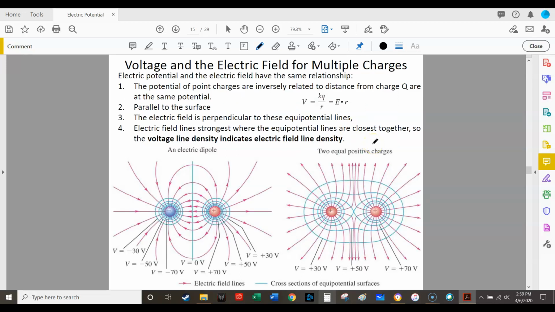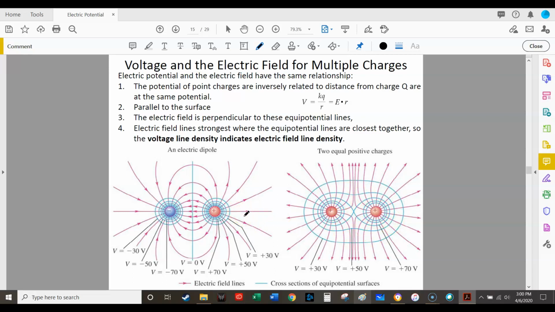Well, you could have two objects in relationship to each other that are producing their own voltages and electric fields. When you get them close enough to each other, these electric field lines are going to start joining together, and sometimes their voltage lines could be interpreted as being joined together.